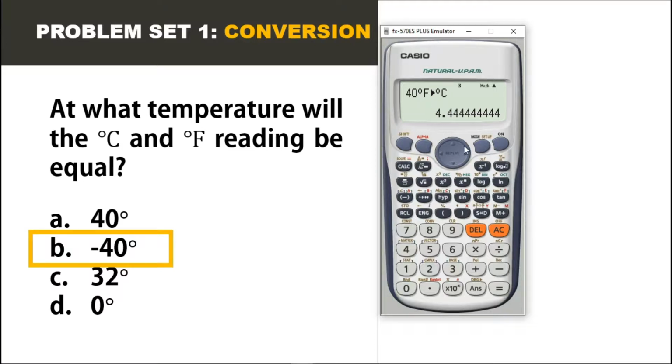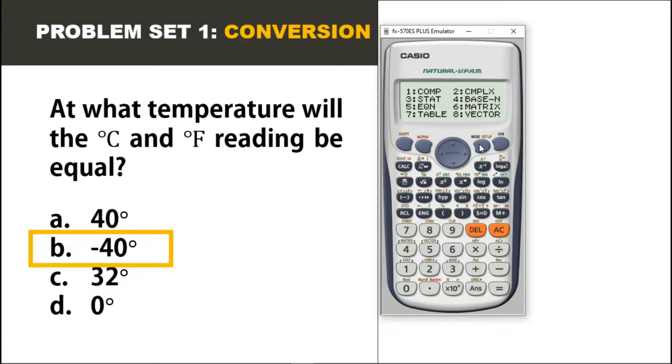So letter A is not the answer. For letter B, we have negative 40. As you can see here, negative 40 degrees Fahrenheit is also equal to negative 40 degrees Celsius. So we are sure that letter B is our answer.